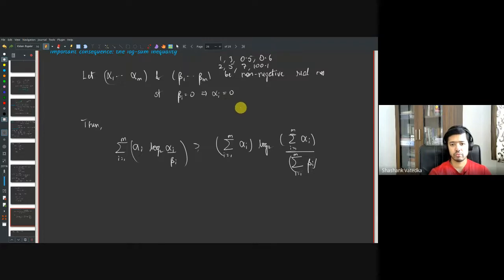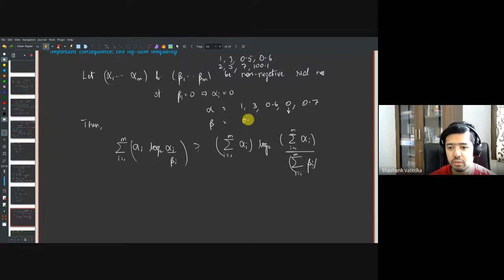For example, if my alpha sequence is 1, 3, 0.6, 0.7, then my beta sequence can be 0.2, 1, 5, 0.7, that is okay, but the following is not okay.